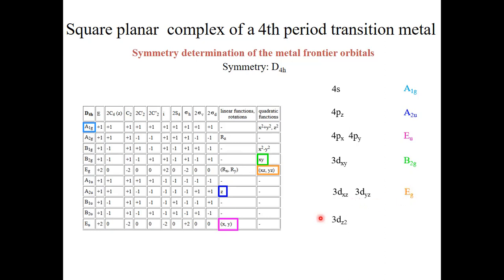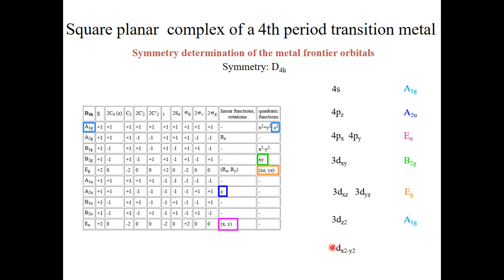And then we need to consider the 3dz squared. You can find 3dz squared here. So this has A1g symmetry type.